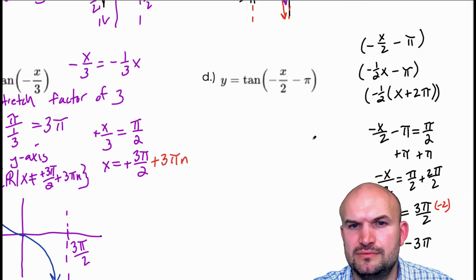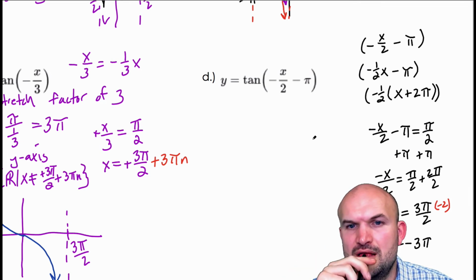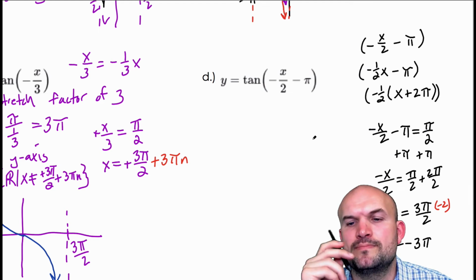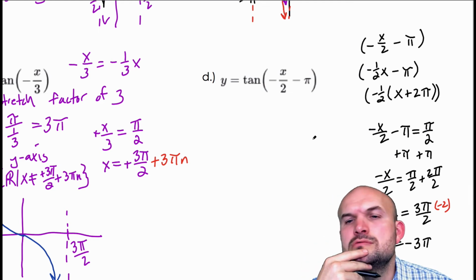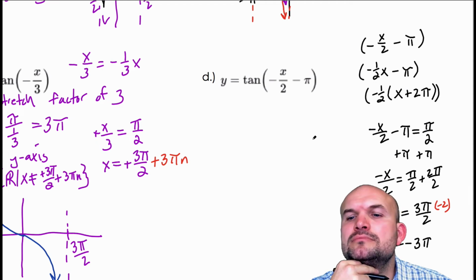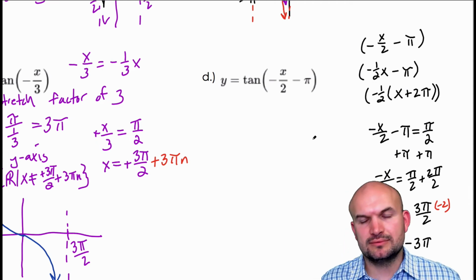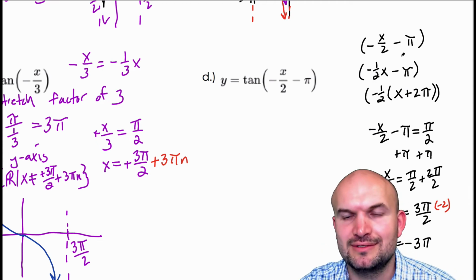Negative pi over 2. Factor that out. That leaves you with an x plus pi halves. Okay. And then this one, I add that. That's 2 pi over 2. Crap. I hate when this happens.